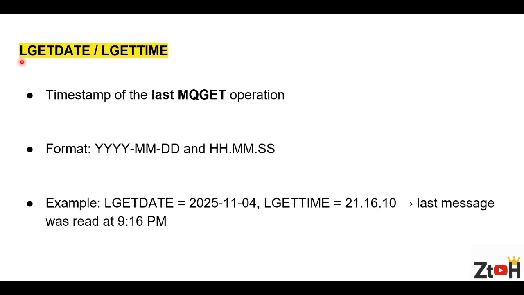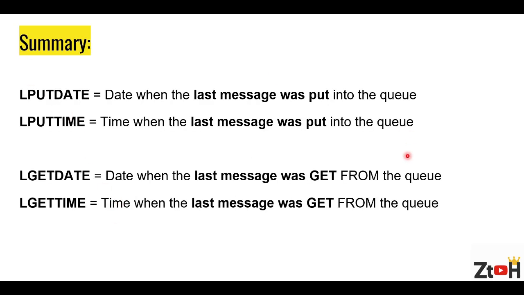Now let's see what is LGET date or LGET time. It is the timestamp of the last MQGET operation. The format is the same as what we discussed before, and see the example for better understanding. Please make a note of this summary, which will be very helpful for you.